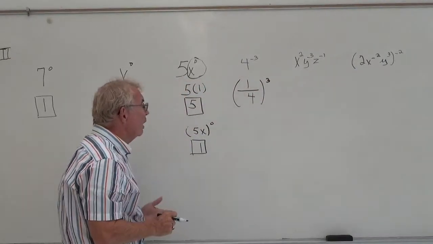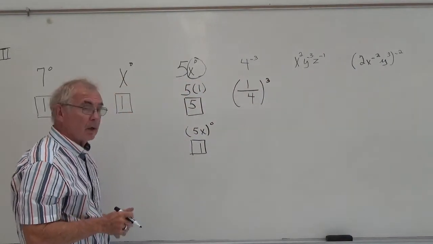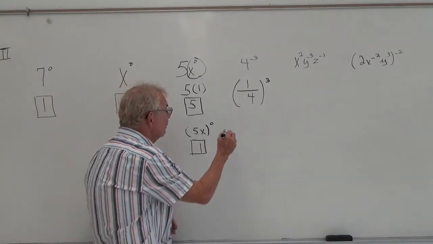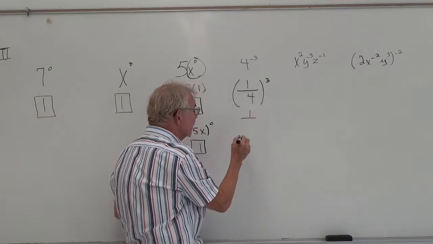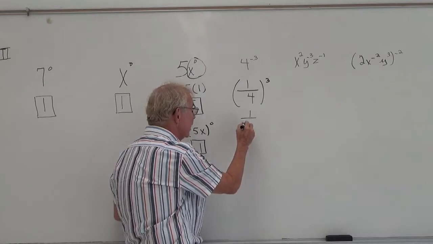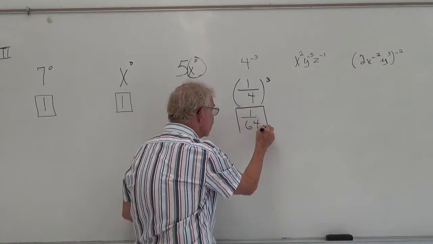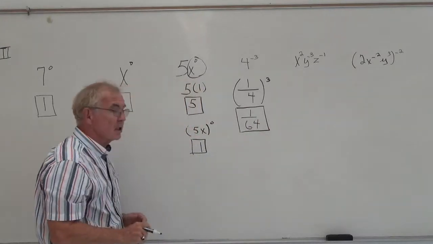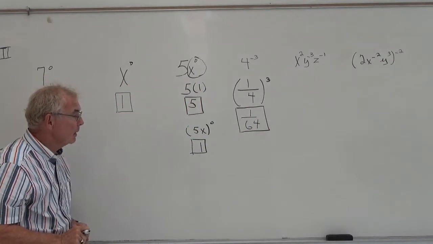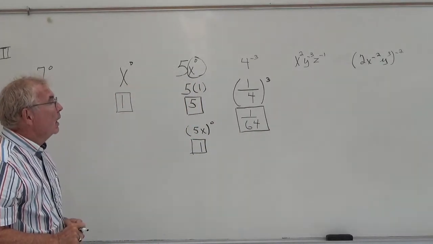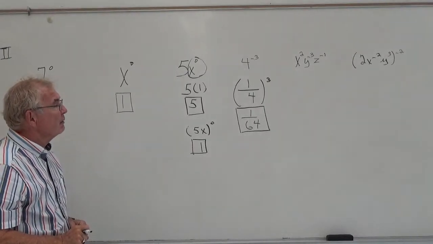Now, 1 times 1 times 1 is 1. 4 times 4 is 16 times another 4 is 64. So this is 1 over 64.